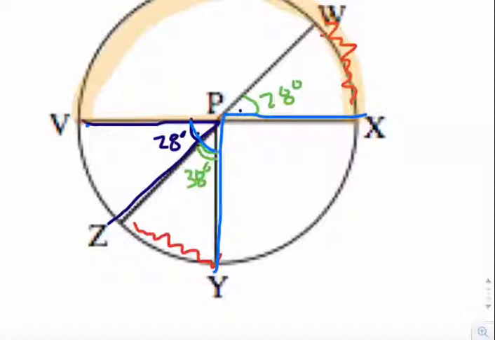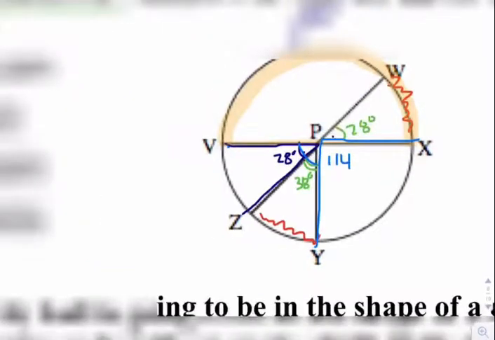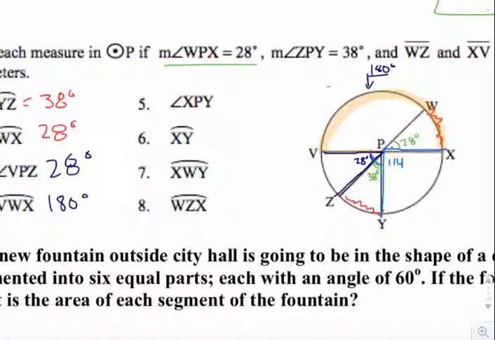If we take 28 and add 38, we end up with 66. If we subtract that from 180 degrees, this has to be 114. Now, I know it doesn't look like 114, it looks pretty close to 90, but no one ever said this was to scale. So we can accept 114 as an answer.